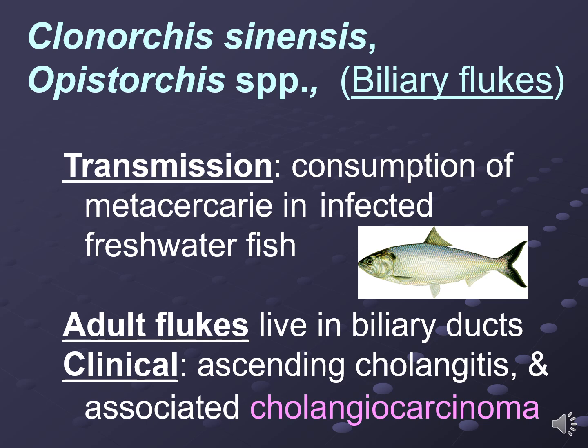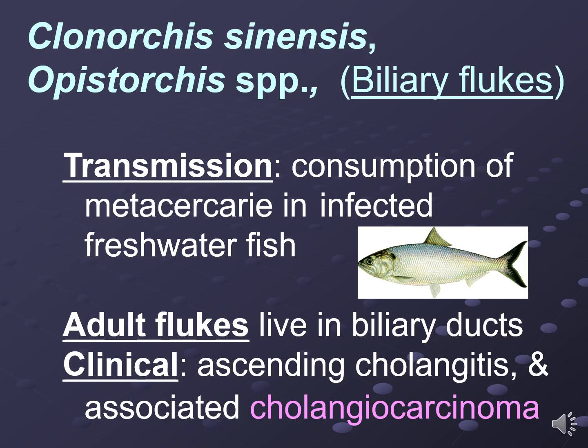Transmission is by consumption of metacercaria in infected freshwater fish. Here, first, humans contaminate the water with the eggs of Clonorchis and Opisthorchis. The miracidium leaves the egg, goes to a snail host, develops further, and leaves the snail host as a cercaria.